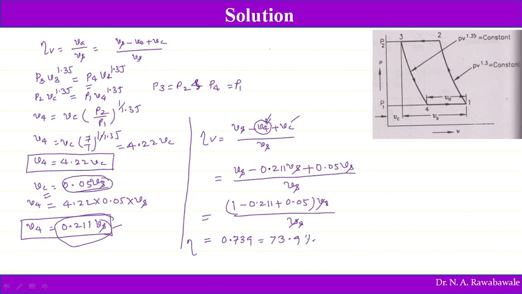Like this, we get the volumetric efficiency of the compressor as 79%.